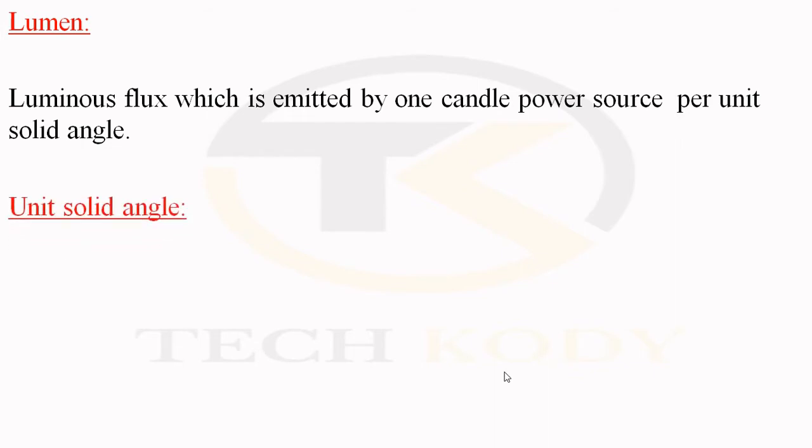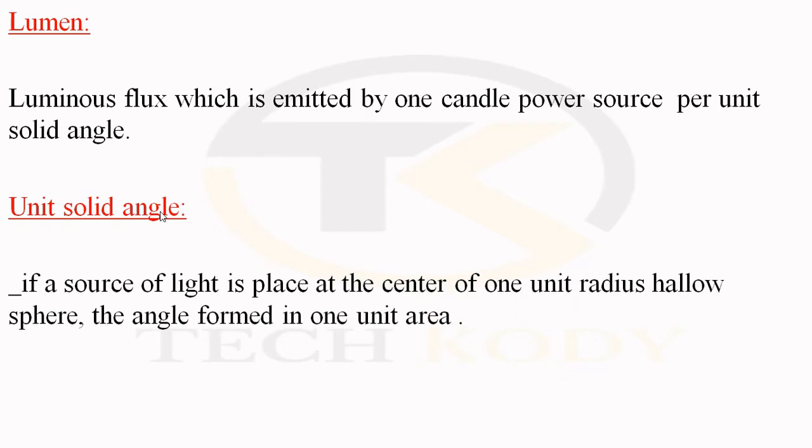Next is unit solid angle. Here you can see per unit solid angle. A source of light placed at the center of a sphere of 1 unit radius, and the angle subtended by 1 unit area, is called unit solid angle.